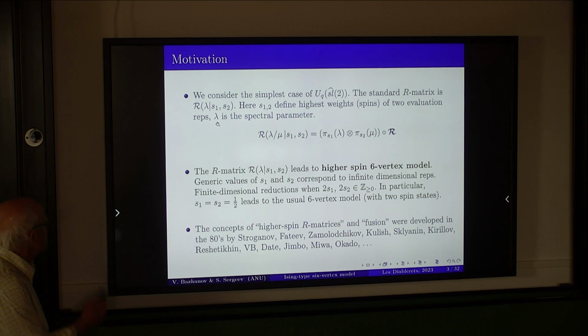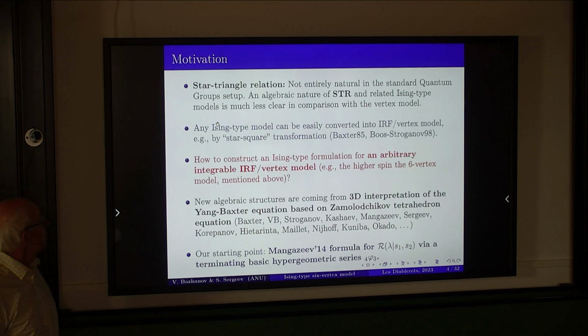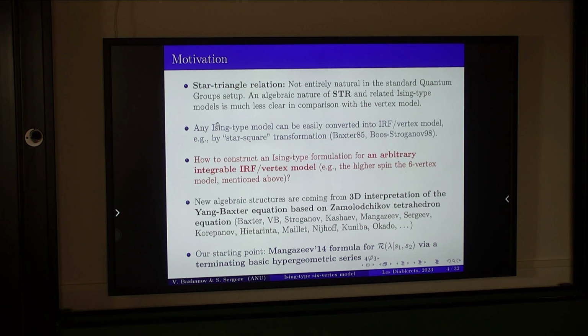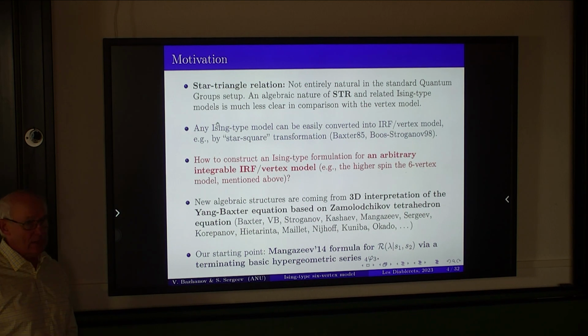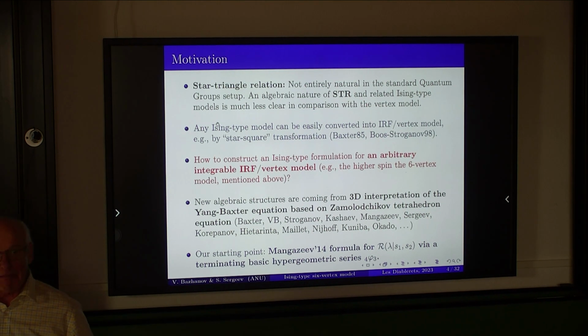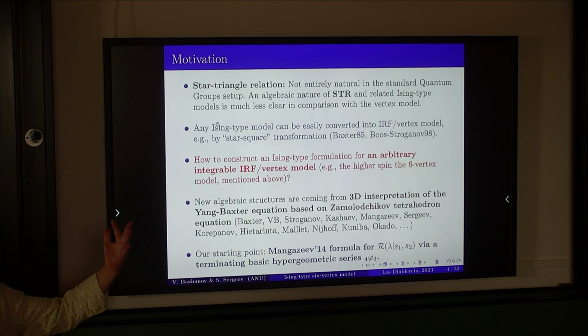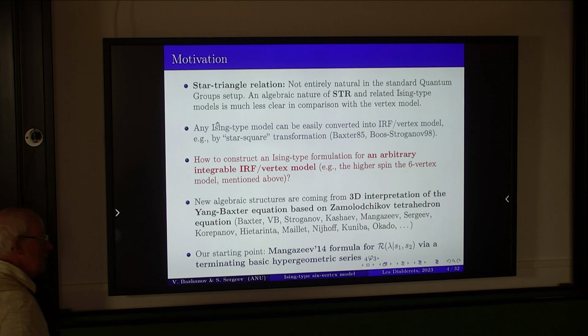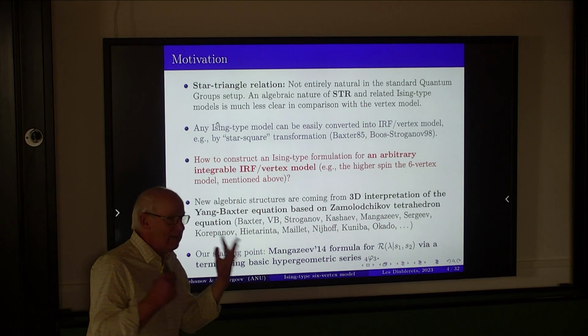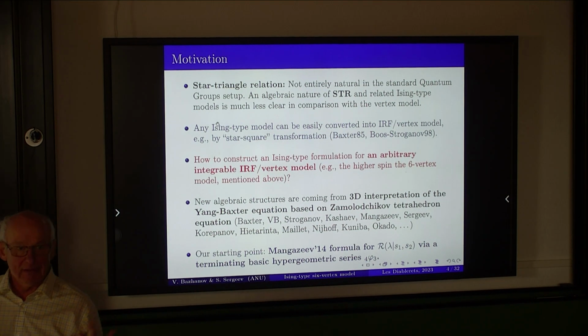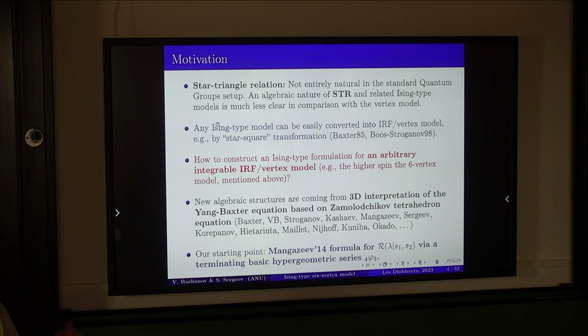So the Yang-Baxter equation covered this case. But what about star-triangle? The Yang-Baxter equation in the vertex or IRF form is just the associativity condition for the co-multiplication in the quantum group.